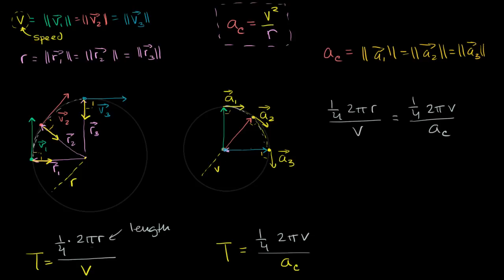Now we can simplify a little bit. We can divide both sides by 1/4, get rid of that. We can divide both sides by 2 pi, get rid of that. Let me rewrite it. So then we get r over v is equal to v over the centripetal acceleration.